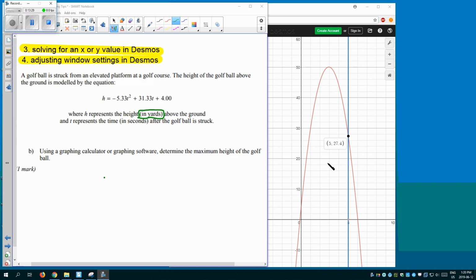Let's try another one. Let's try what is the height of the golf ball. At what 2 times is the golf ball at a height of 20 yards?